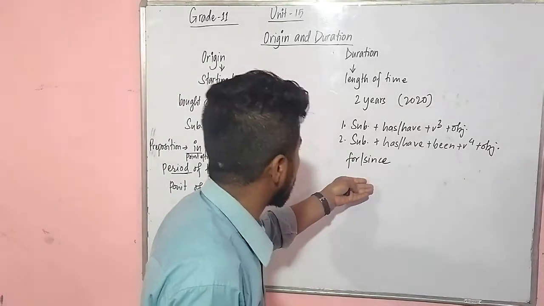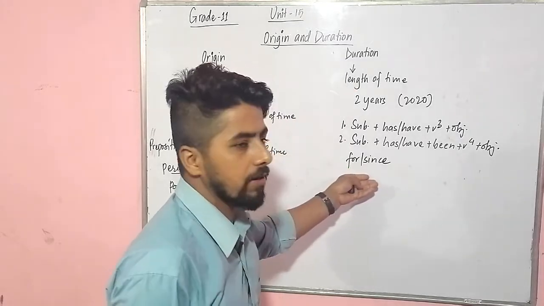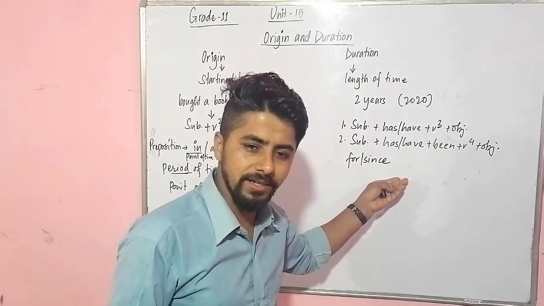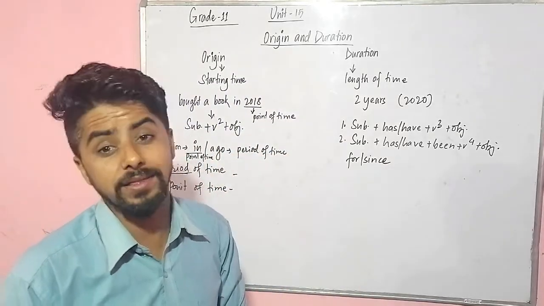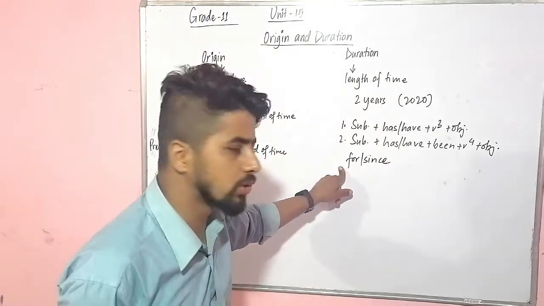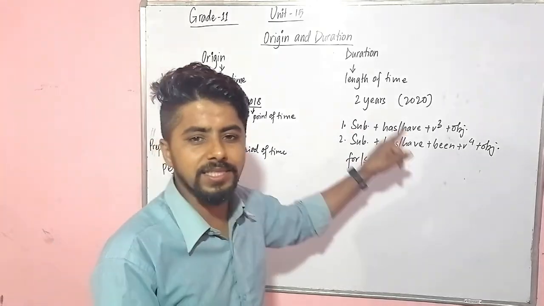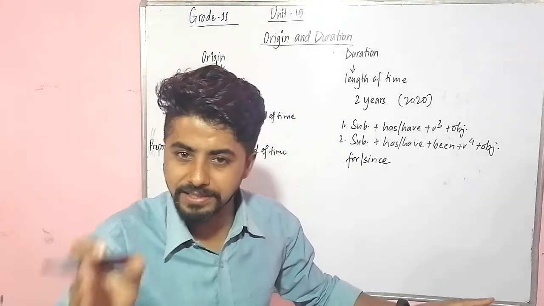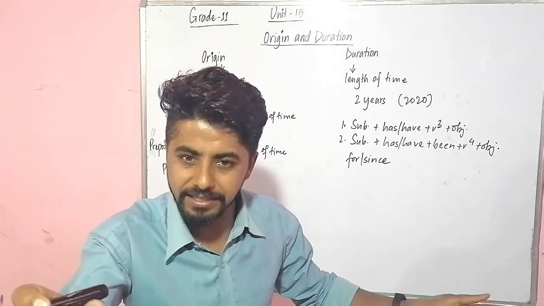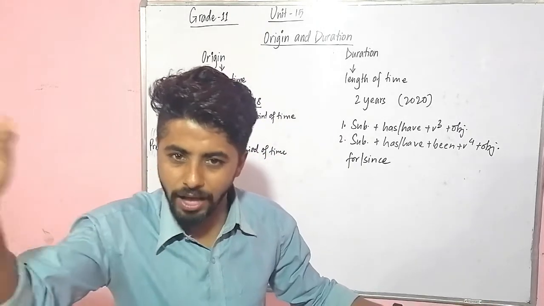In this case, for duration, for or since is used. I just told you that. So for or since, you have to understand the same thing. For is used with period of time, since is used with point of time. I have been teaching since 2018.